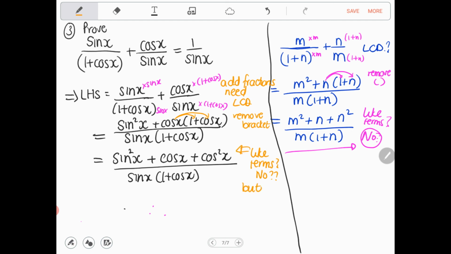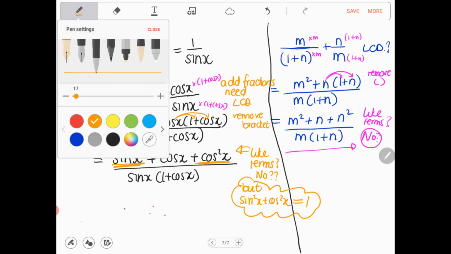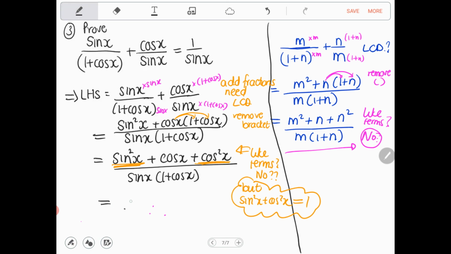But what I can see, I have sine squared x plus cos squared x, and that is equal to 1. So I can replace the sine squared plus cos squared with a 1. And now, by putting brackets around the top, I am allowed to cancel that whole bracket.